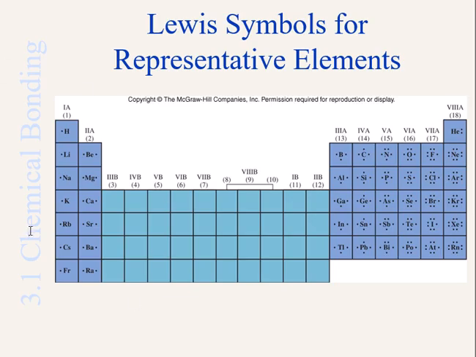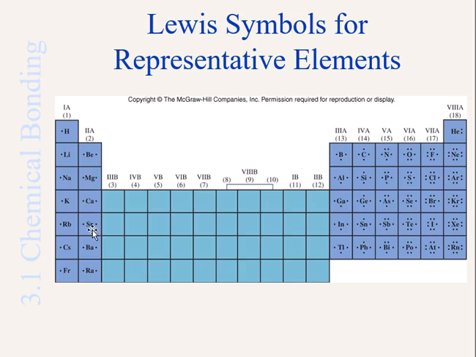Here are the Lewis symbols of some of the elements, the representative elements, which does not include the transition metals. In group 1A you only have one valence electron and it's shown on the left here. You might have as well placed it on the right, up or down.